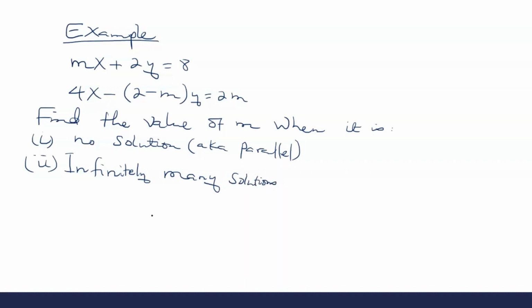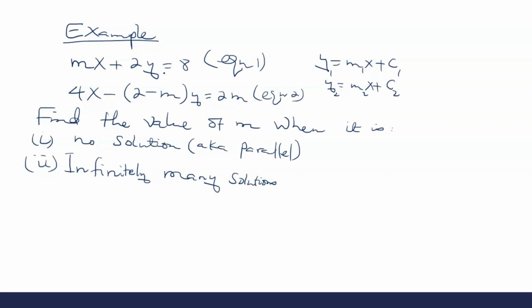All right, first we need to put the equations in the format y equals mx plus c. This is your first equation, and this is your second equation. So this is m1, c1, and this is y2, m2, x, c2.